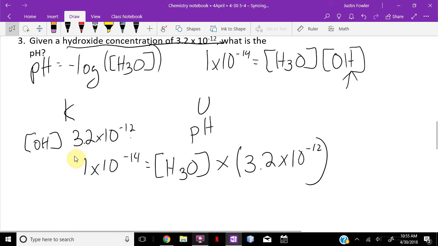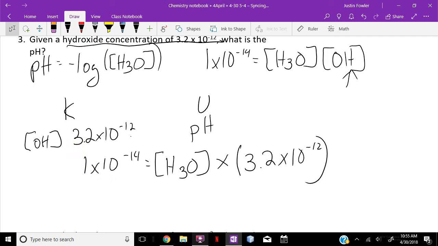So at this point, I look at this and I know I need to get this by itself. So in order to do that, I need to do the inverse order of operations and divide both sides by 3.2 times 10 to the negative 12.